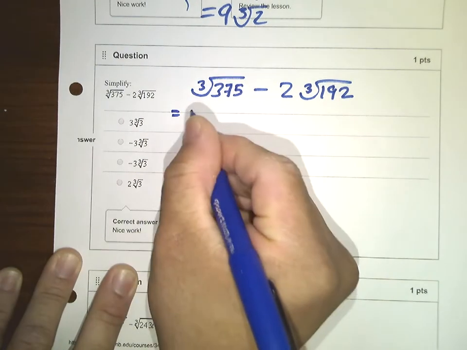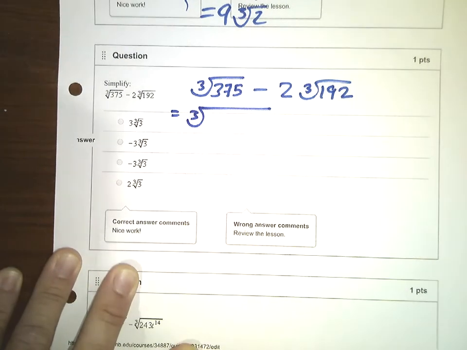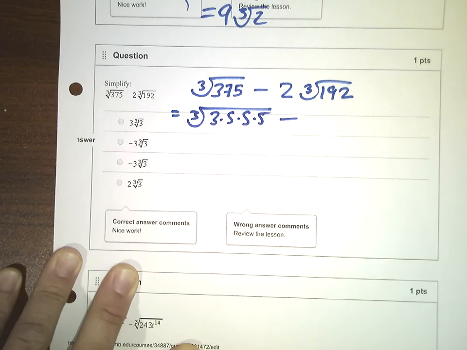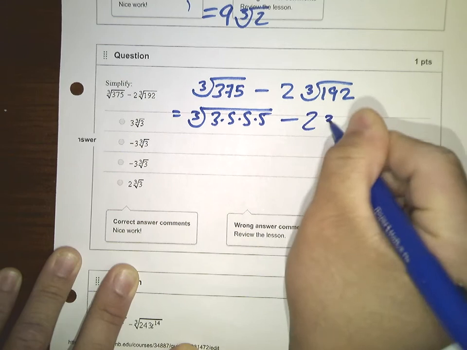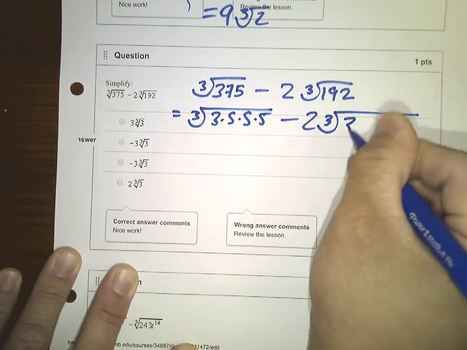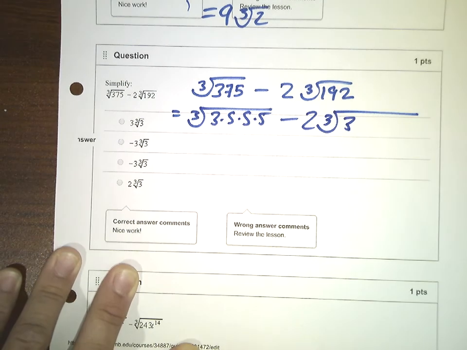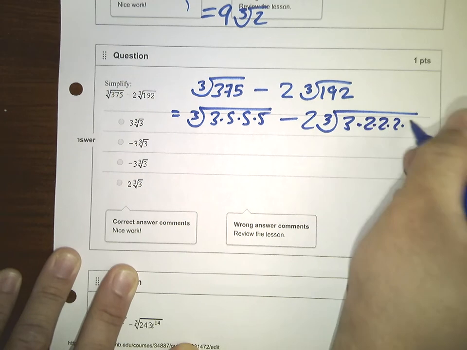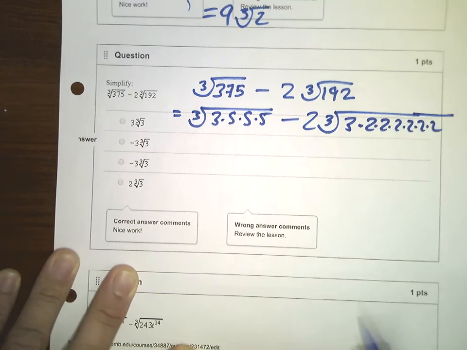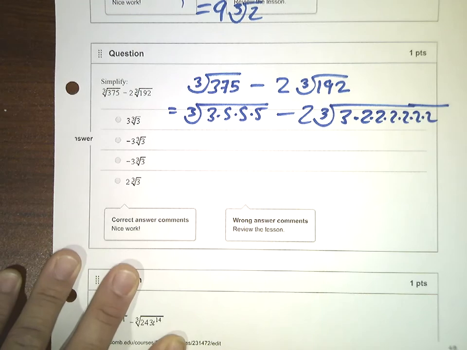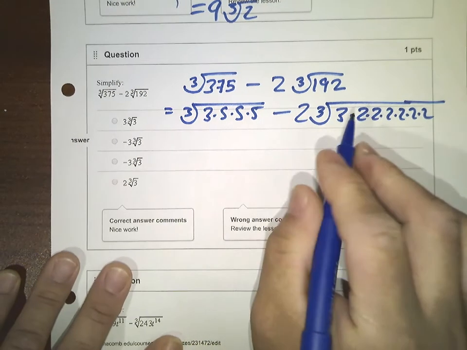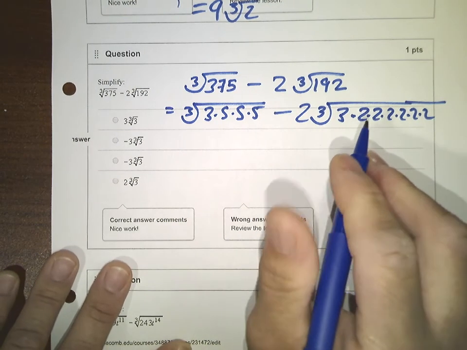That will be the cube root of, all right, what will that be? 3 times 5 times 5 times 5, and then 192 is going to be, well, that will be 3 times, what will that be? 2 times 2 times 2 times 2 times 2 times 2. All right, so there you go. So that will be 192. And you can multiply those to make sure that I'm right and I'm not trying to scam you here.